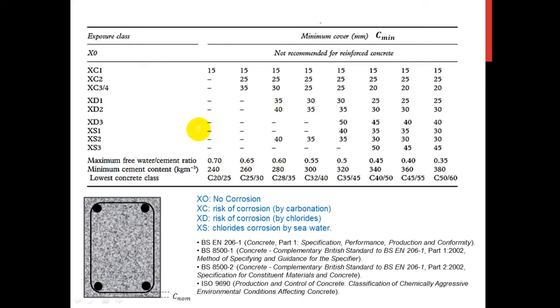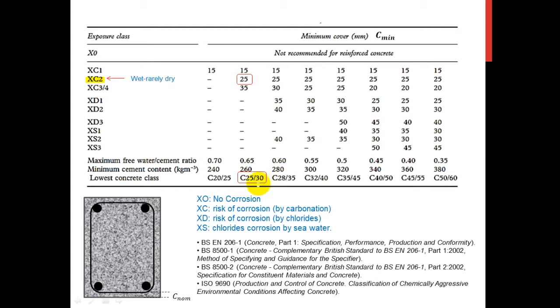Now, for the case of foundation design, exposure class XC2, where wet, rarely dry condition applies, the allowed minimum cover cannot go beyond 25 millimeter. And looking below it, there is the designated concrete grade, which is in this case C25/30.